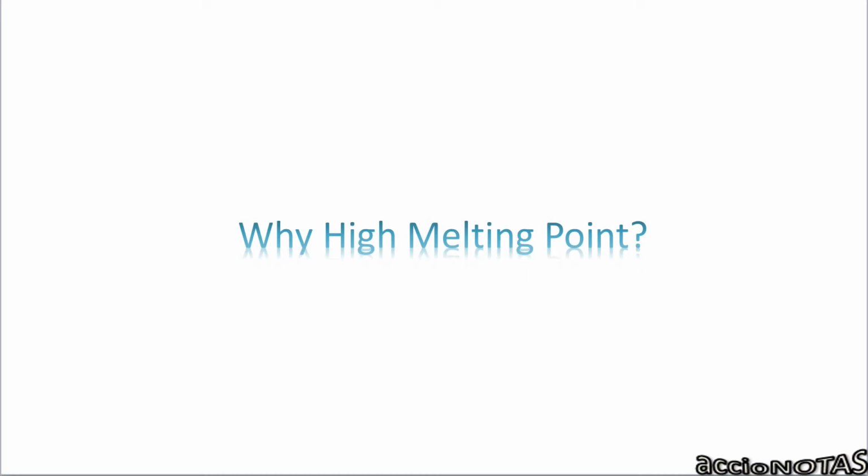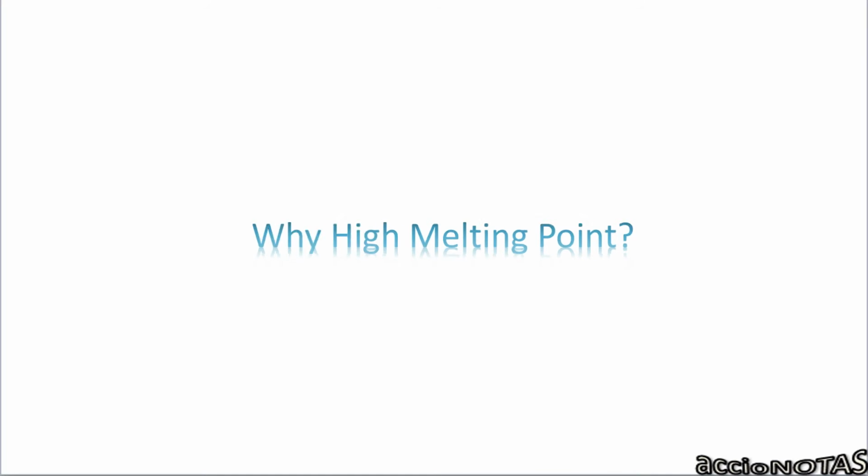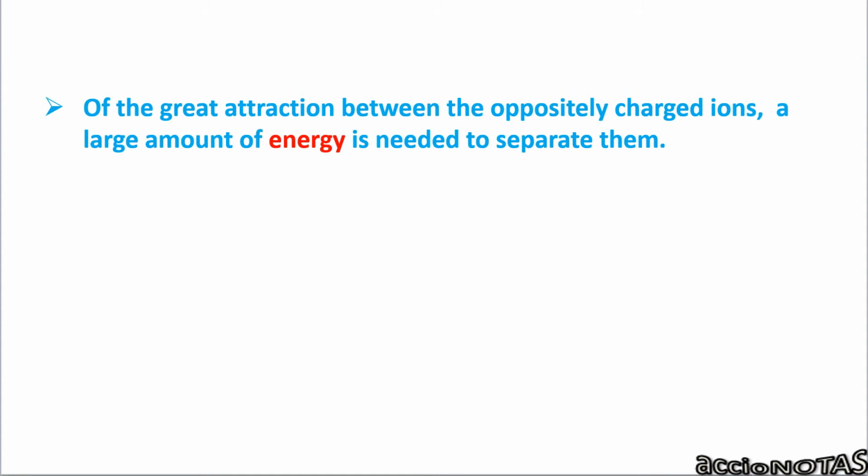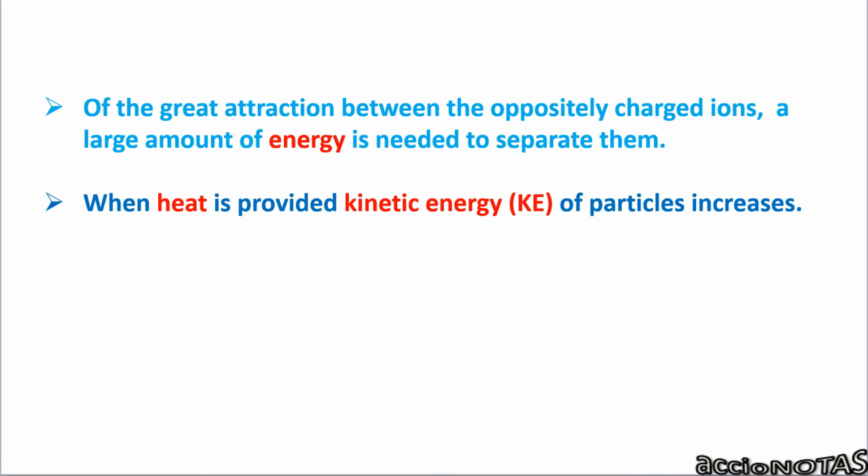Why do ionic compounds have high melting point? Because of the great attraction between the oppositely charged ions, a large amount of energy is needed to separate them. When heat is provided, kinetic energy of particles increases.